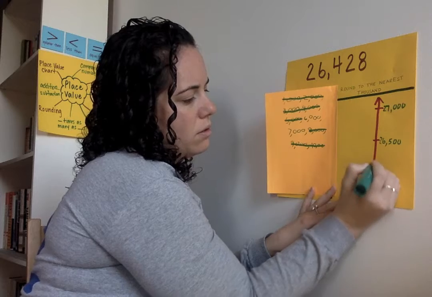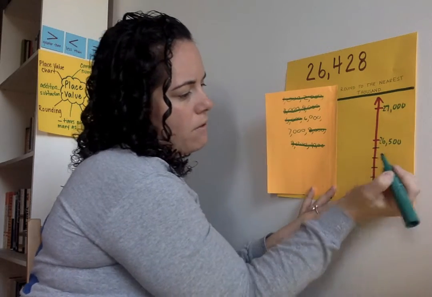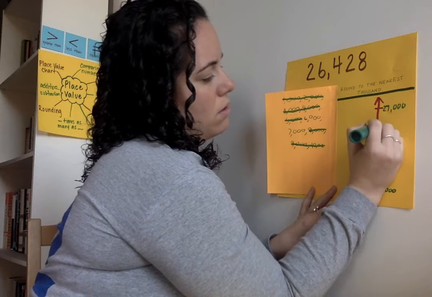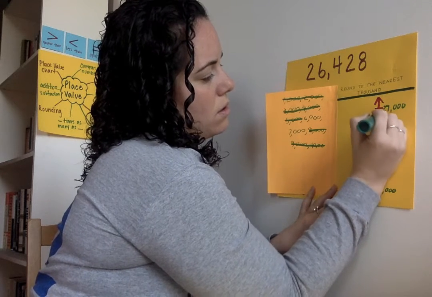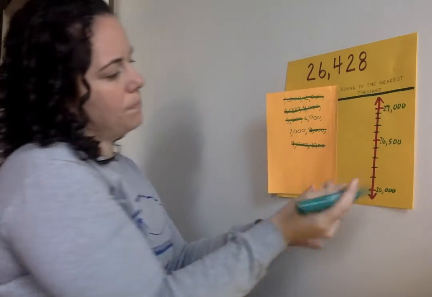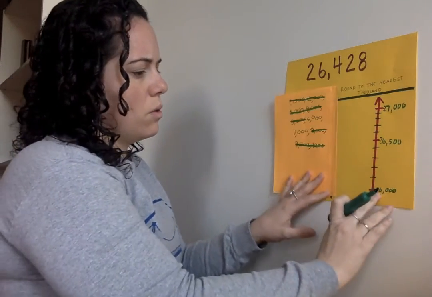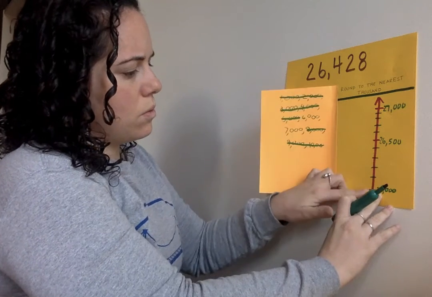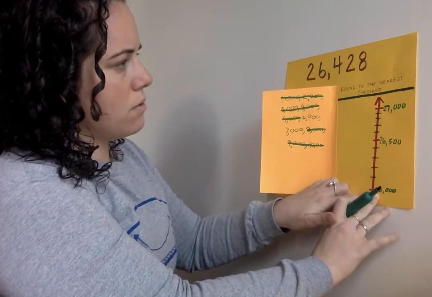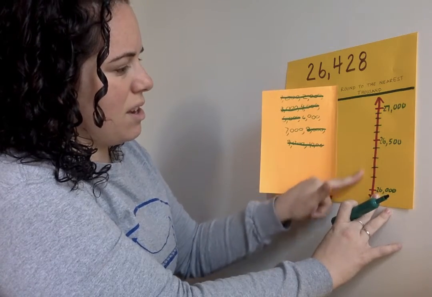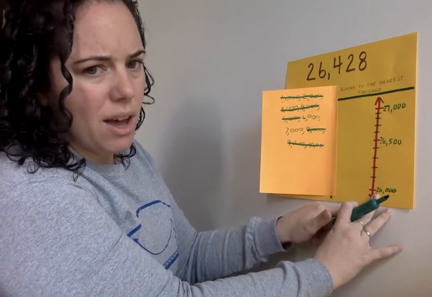Well, if I know that 26,000 to 26,500 is 1, 2, 3, 4, 5, 6, 7, 8, well, 26,428 would come in this part of the number line.